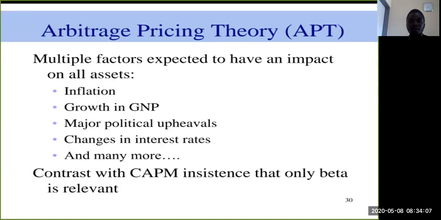Arbitrage pricing theory: multiple factors expected to have an impact on all assets: inflation, growth, GNP, major political upheavals, changes in interest, and many more. Capital asset pricing insists that only beta is relevant. So we see that the capital asset pricing model was just looking at the beta, but some of these factors can also influence the stock in the market. But the capital asset pricing model was not looking at this.